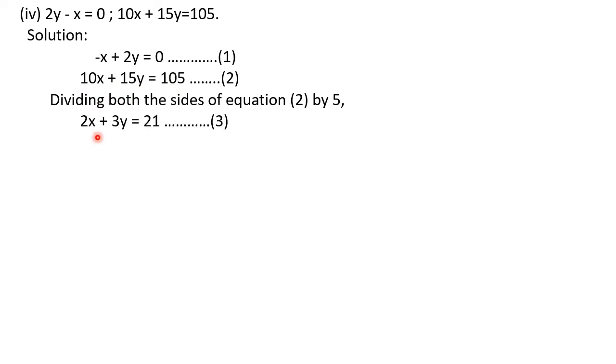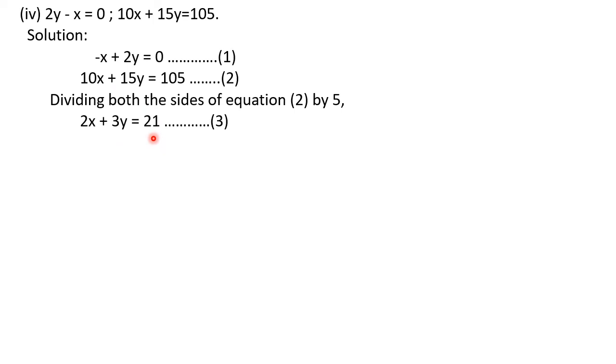After dividing by 5, we will get 2x plus 3y is equal to 21. Equation number 3. If you want, you can leave this equation unnumbered and number it as 2 here. It will also do. So we have reduced the equation to the simplest form, and we got the easy equation here.